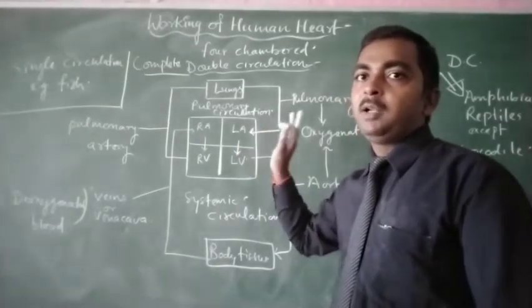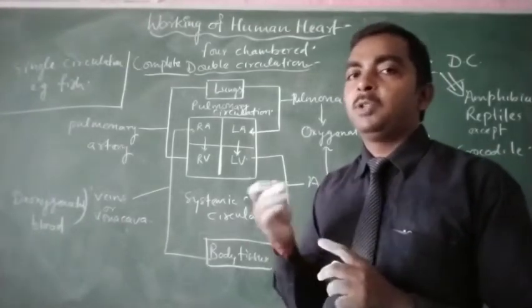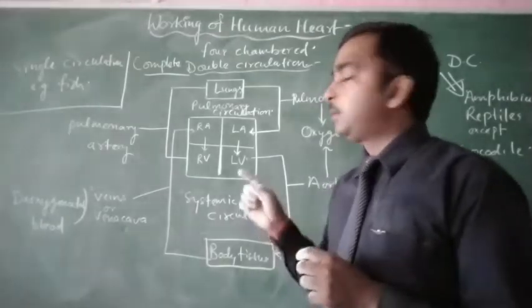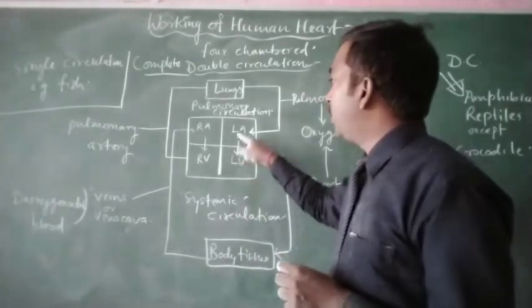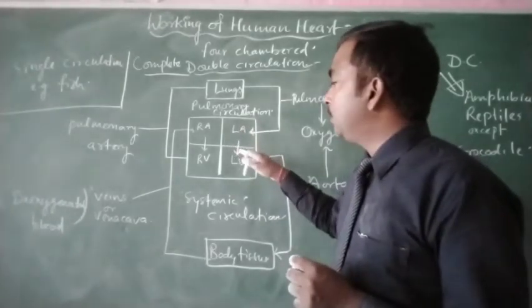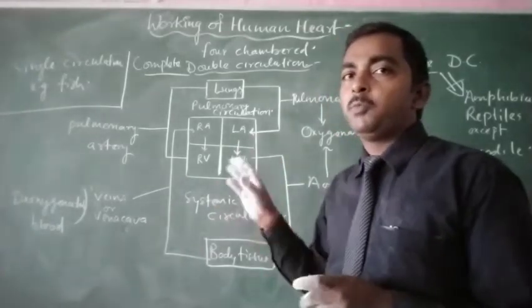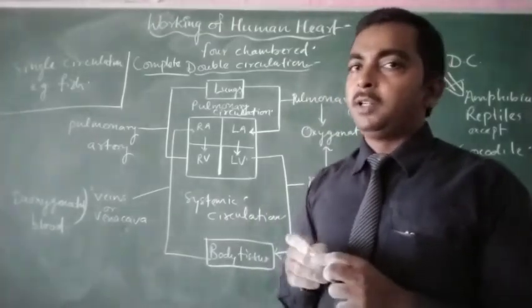So the answer will be the left auricle receives oxygenated blood from the lungs, while the left ventricle receives oxygenated blood from the left auricle. So there may be two answers, left auricle and left ventricle, because both chambers of the heart receive oxygenated blood.